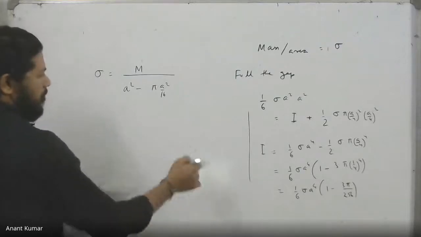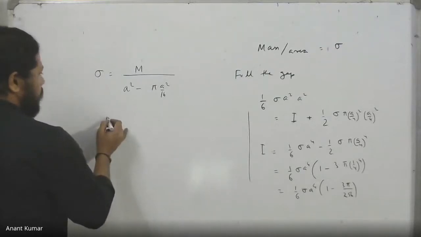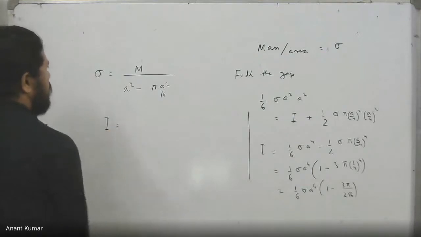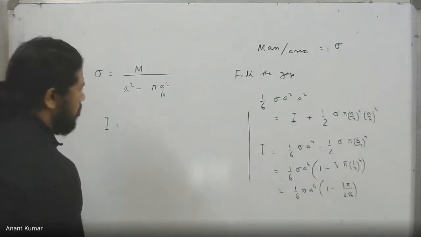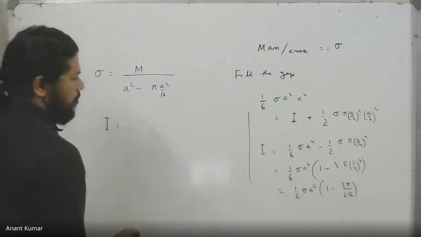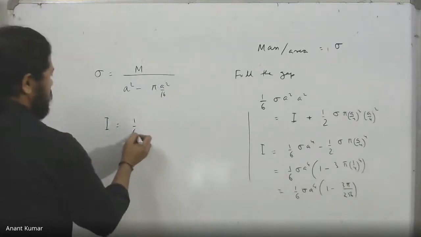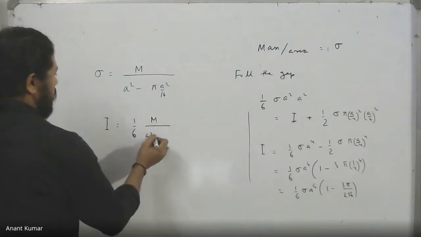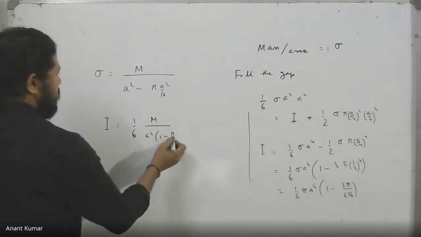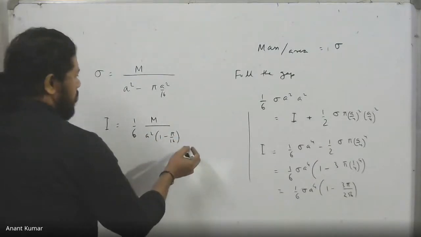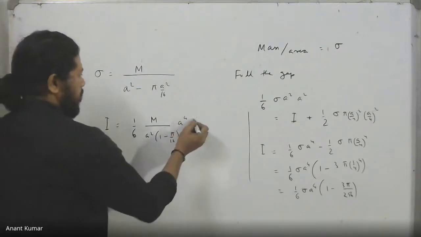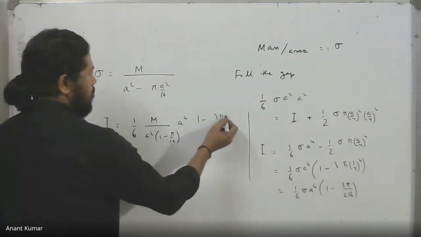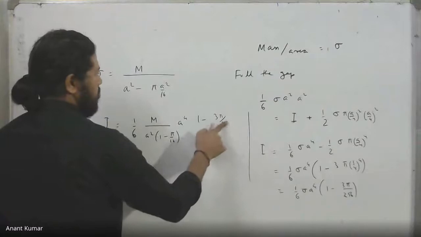So we just plug it back in, and therefore I get I equal to, a square can be pulled out, 1 by 6 into sigma is m by a square into 1 minus pi by 16 into a square into 1 minus 3 pi upon 256.